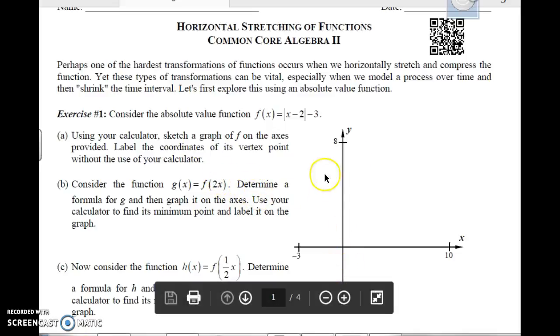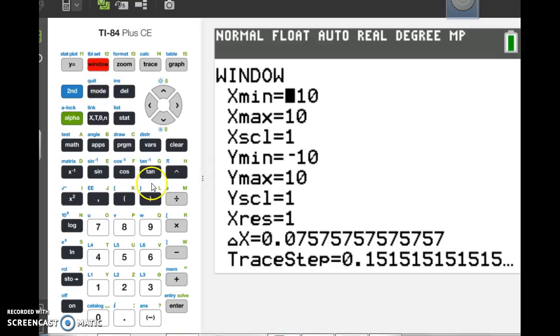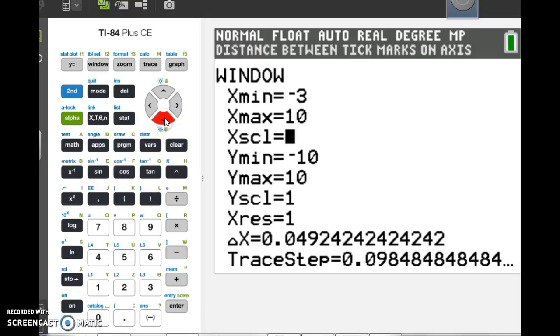First of all, I'm going to set my window on my graph. My window for the x values will be from -3 to 10. My y values will be from -5 to 8, with -5 for the minimum and 8 for the maximum.